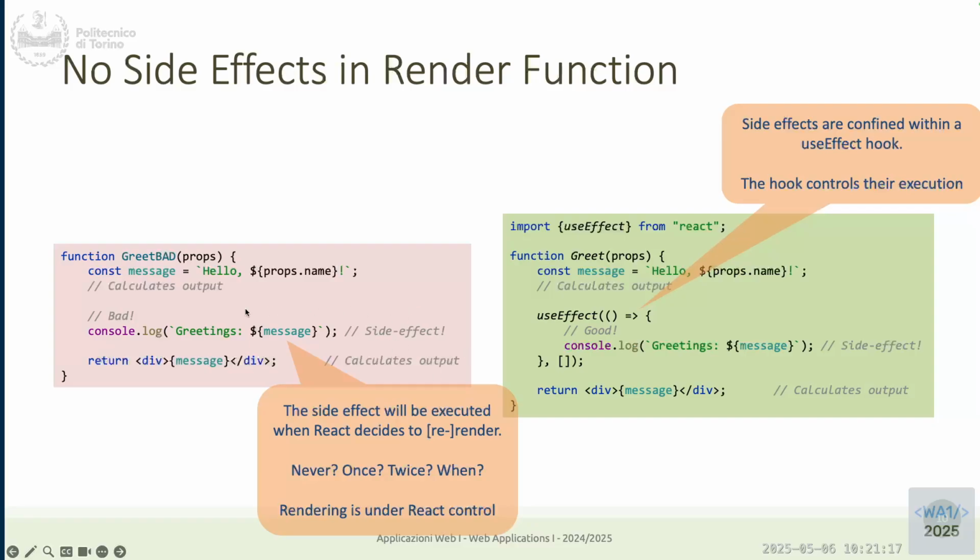In theory, as I said, console.log should not be done. It creates a side effect. And the right way of doing that would be to put this statement inside a useEffect hook. So what useEffect does is take a callback function that will be executed during the commit phase.